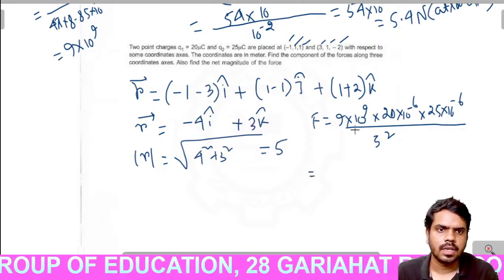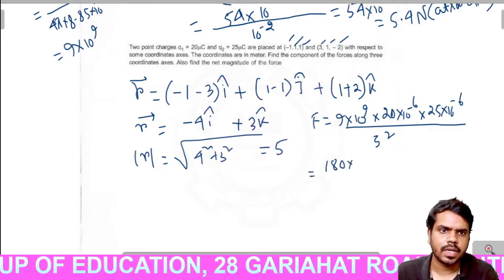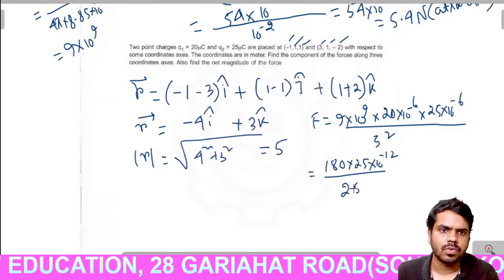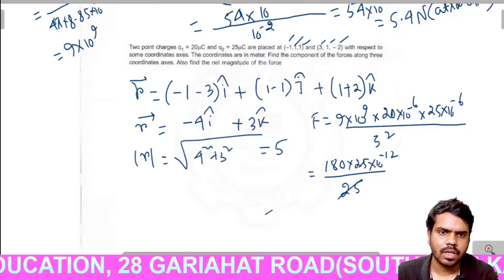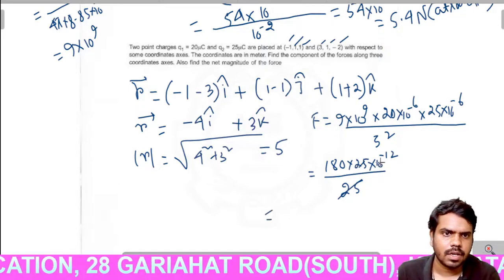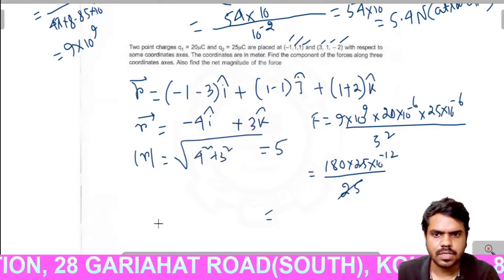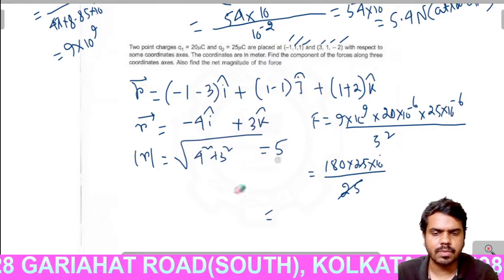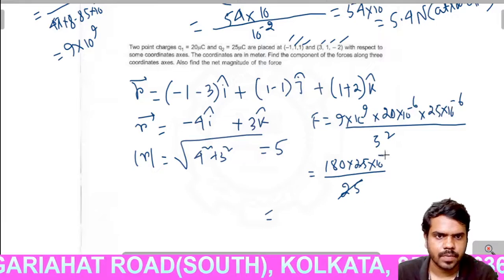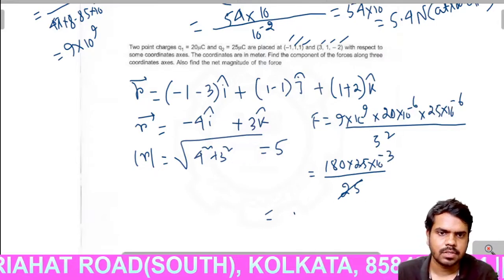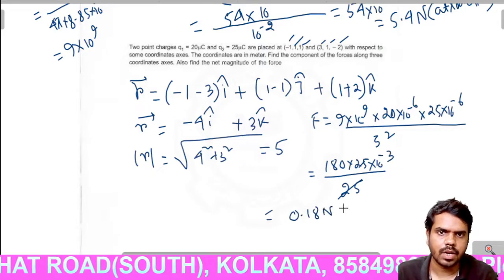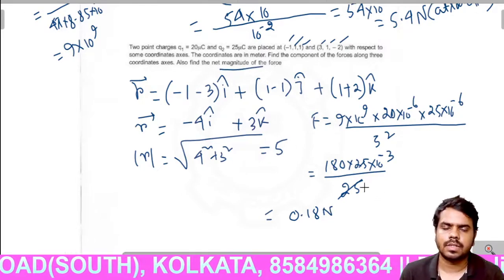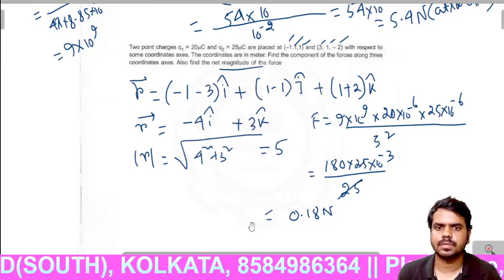So it is 9 into 20 is 180, 180 into 25 into 10 to the power minus 12 divided by 25, the 25 gets cancelled out, and 10 to the power 9 minus 12 gives minus 3. So the answer is 0.18 Newton. So this is the magnitude of force. Okay, got it?